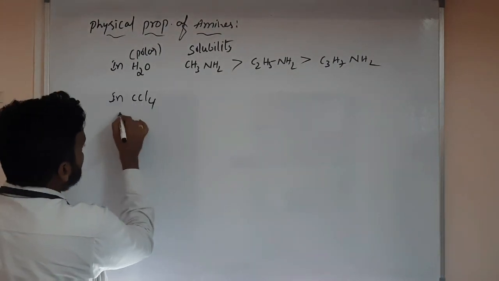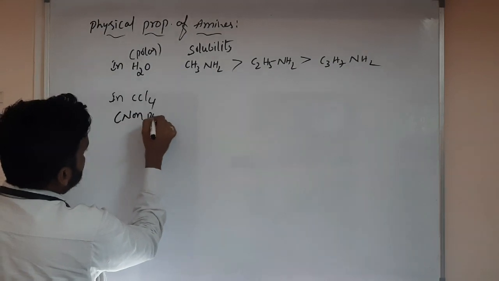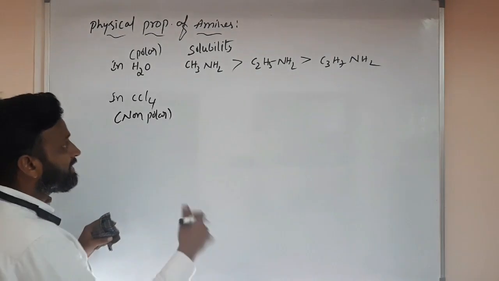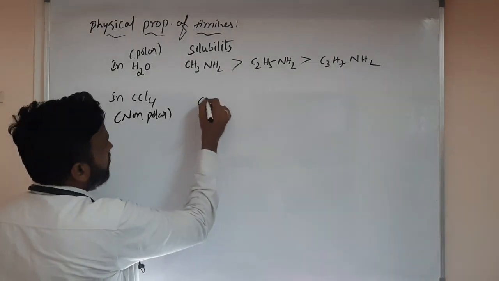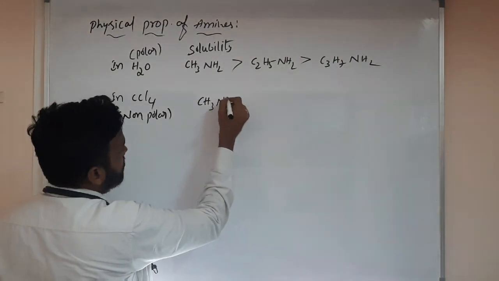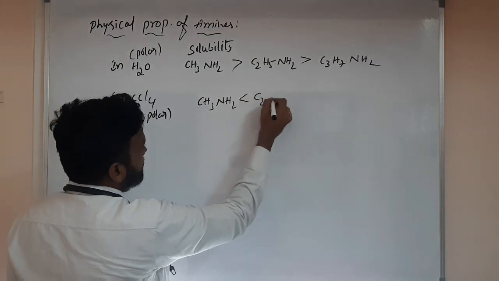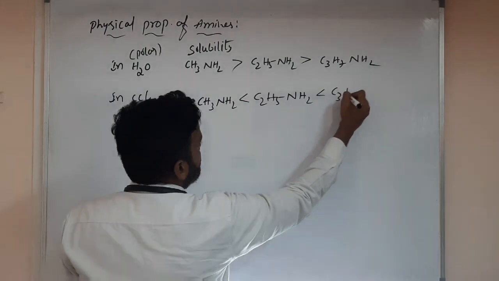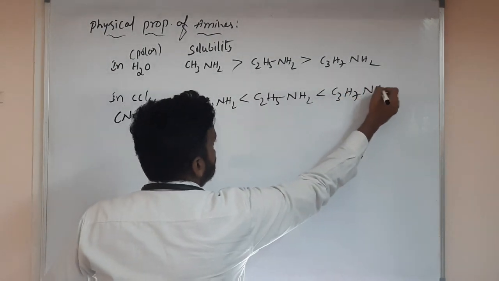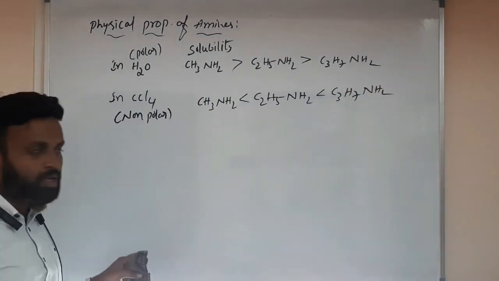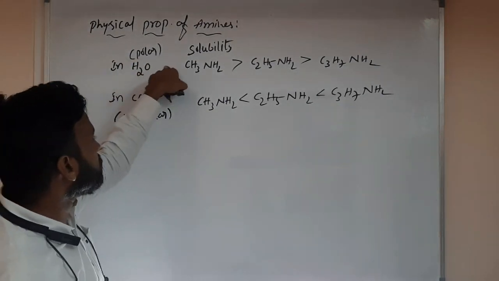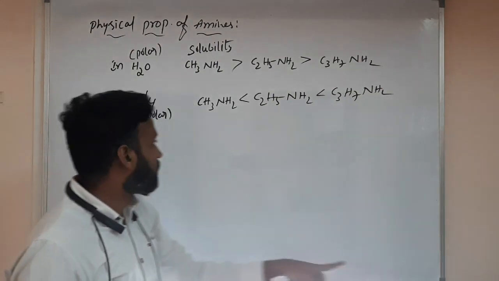Next, solubility in non-polar solvents like benzene, CCl4, CS2. The solubility is like this: CH3NH2 is less than C2H5NH2 is less than C3H7NH2. Understood, sir? So in water, meaning polar solvents, this is the solubility.